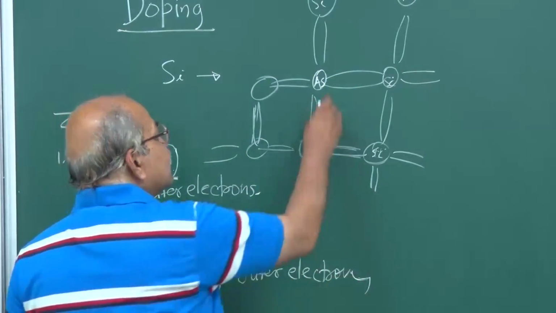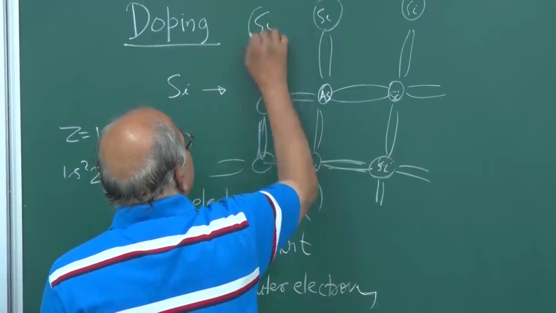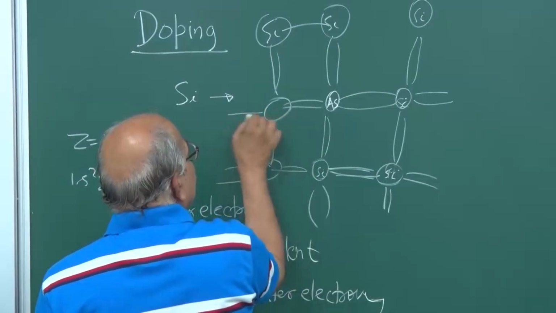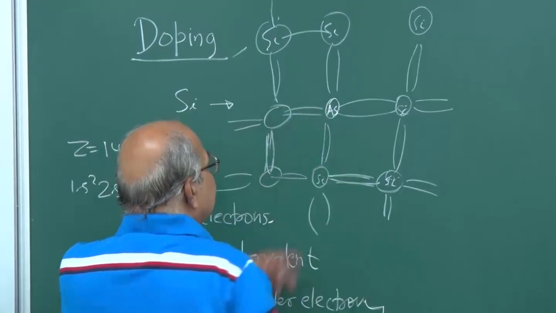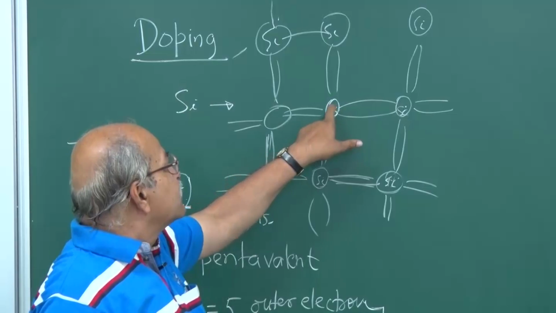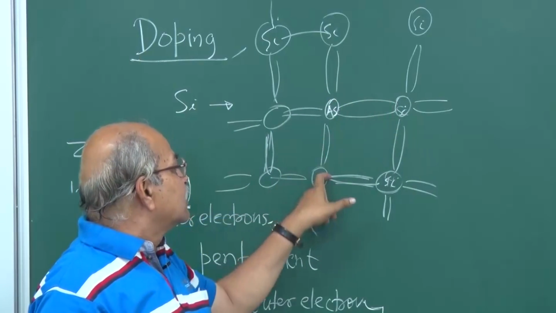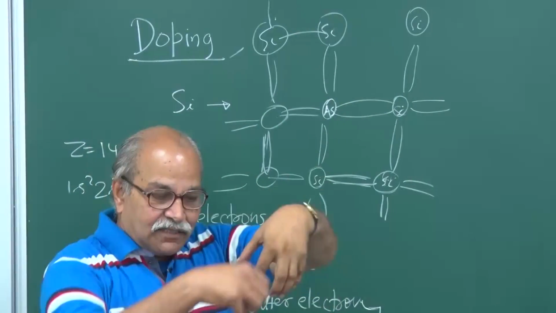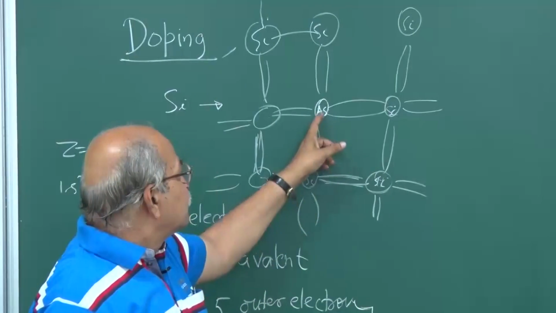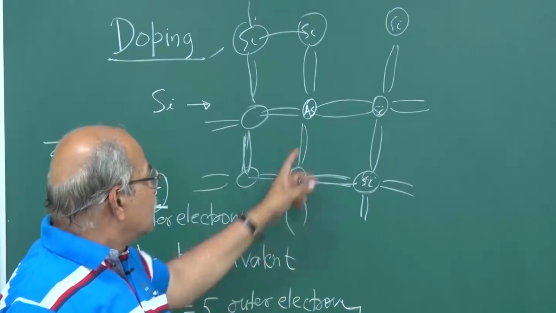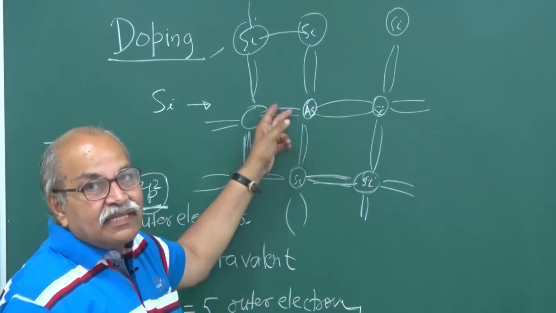This arsenic is also bonded to the 4 neighbors in that tetrahedral structure, and 4 of these outer electrons are consumed in that.